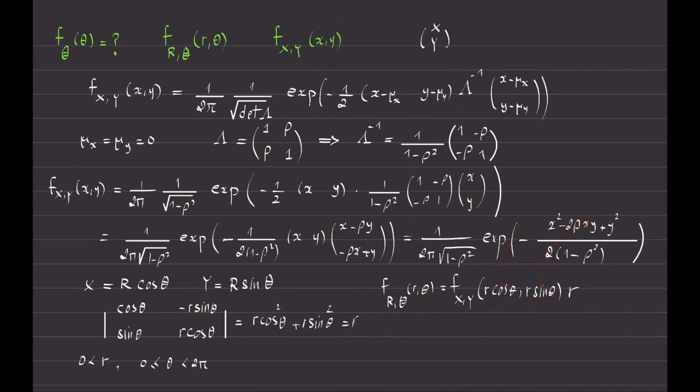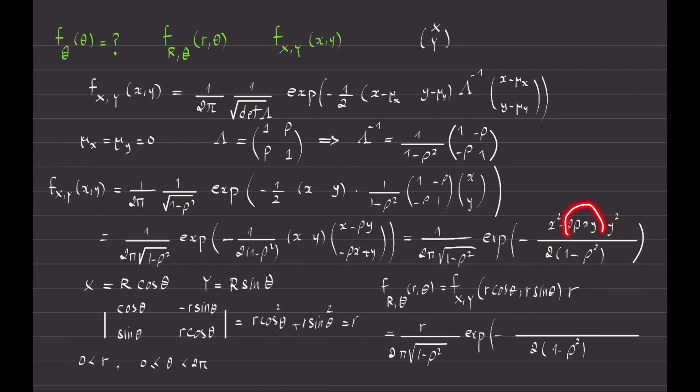So this becomes what? I have a factor here, and I have also r here. So let me write it as r over 2 pi square root of 1 minus rho squared. And then I have exponential minus, the denominator is not sensitive to x and y, so let me just copy and paste that. But here, let us do some parts in our head. x squared plus y squared, if x is this and y is this, of course, is r squared.